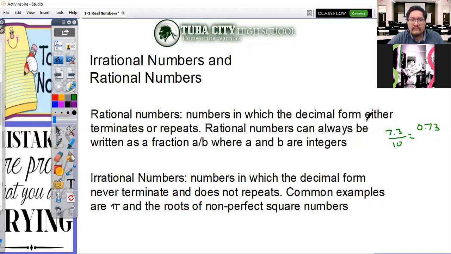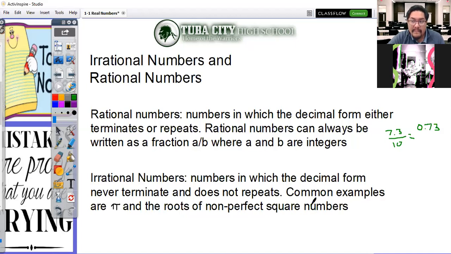All right, so irrational numbers are numbers in which the decimal form never terminates and does not repeat. So like in the calculator that we just saw, it's the one that keeps going on and on and on and does not repeat itself. Some examples of that are pi, the 3.14 number that you usually use when working with circles, and the roots of non-perfect square numbers.